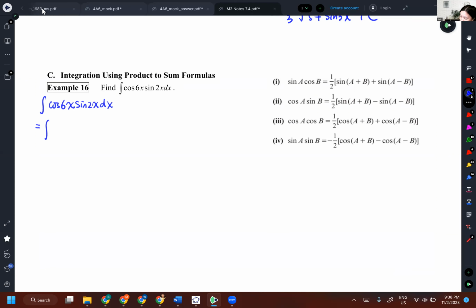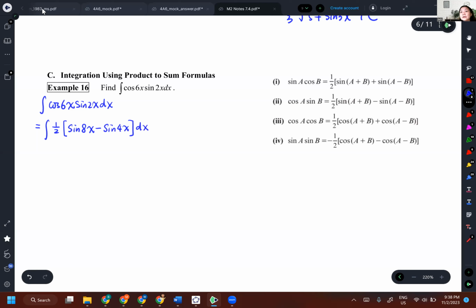Cosine sine, it's 1/2 sine 8x minus sine 4x dx. Okay, take out 1/2, you will have sine 8x dx minus sine 4x dx.